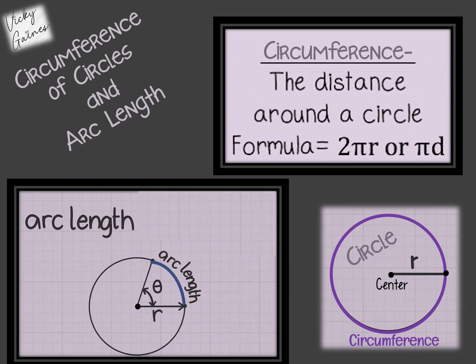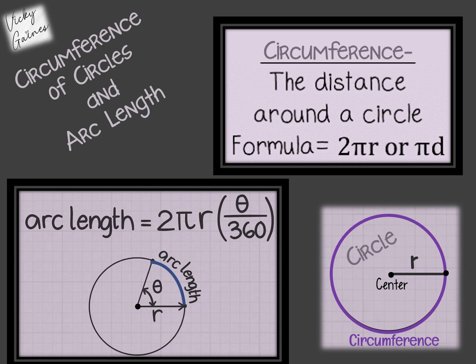So we have arc length as well, and that's just part of the circumference. So that is 2 pi r because it uses the radius. And then we want the fraction of the circle. So theta is the measure of that central angle that intercepts the arc.